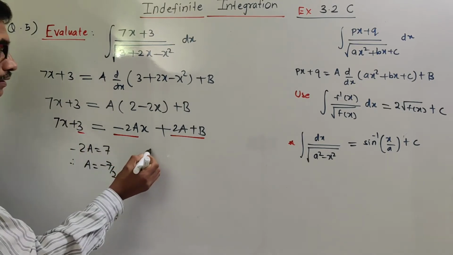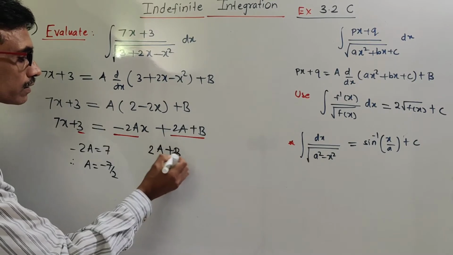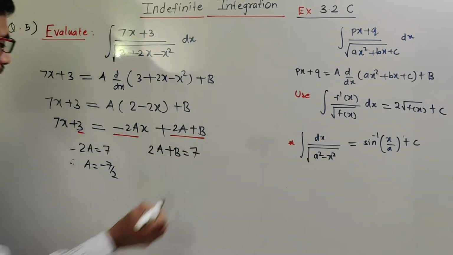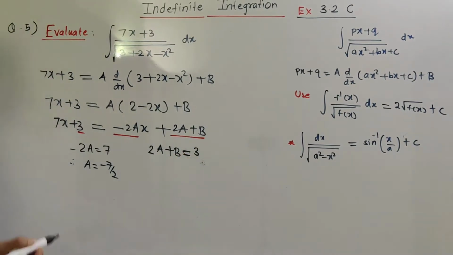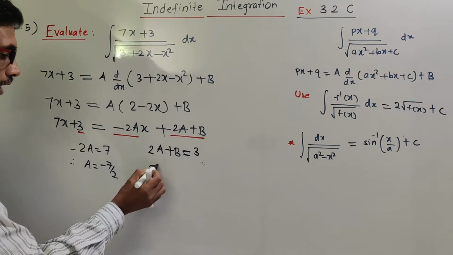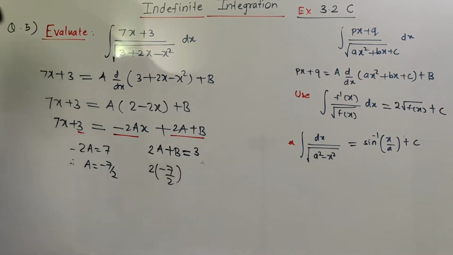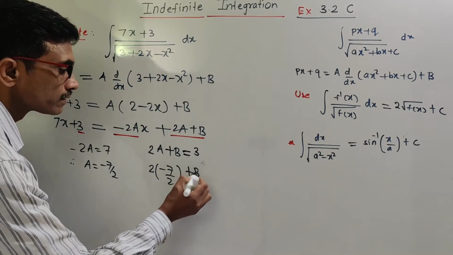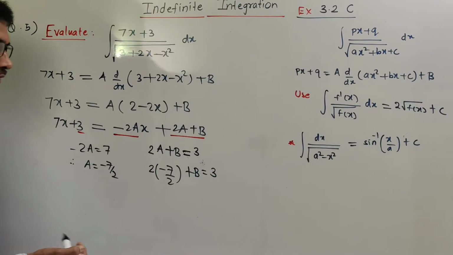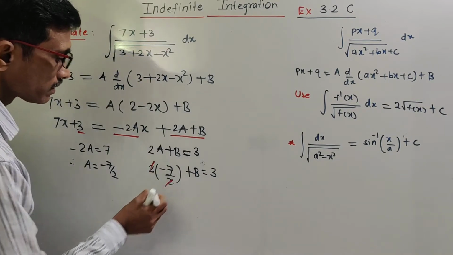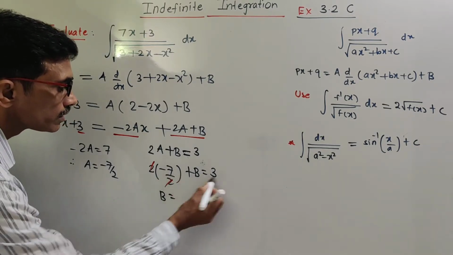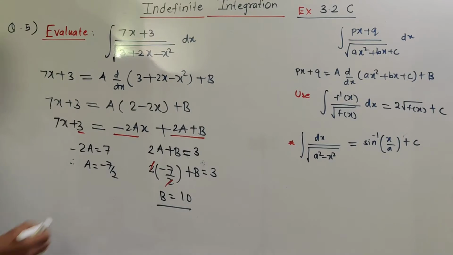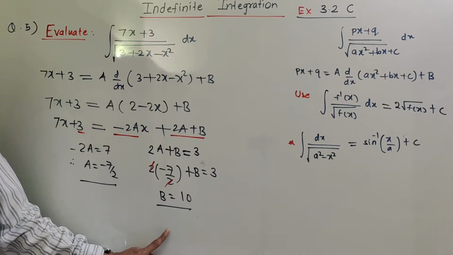So 2a plus b is equal to 3. Therefore 2 times minus 7 upon 2, which is a, plus b is equal to 3. Now this 2 is getting cancelled, so b is equal to 3 plus 7, it gives 10. Now a is minus 7 upon 2 and b is equal to 10.